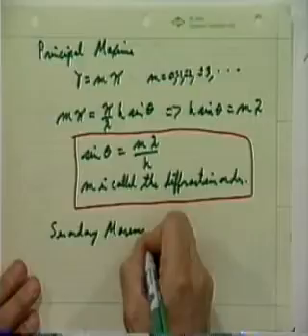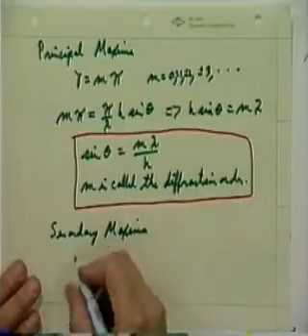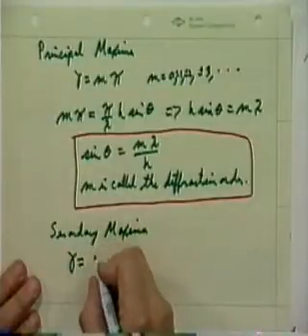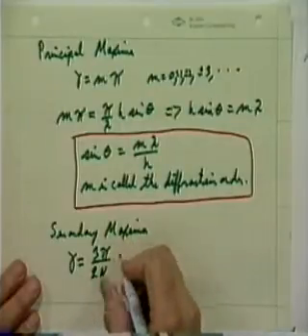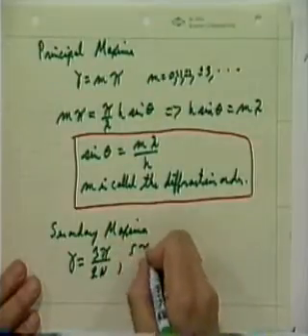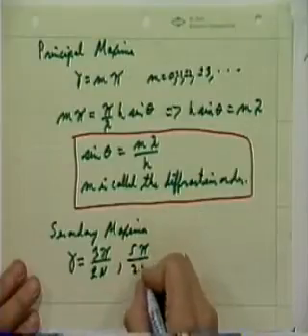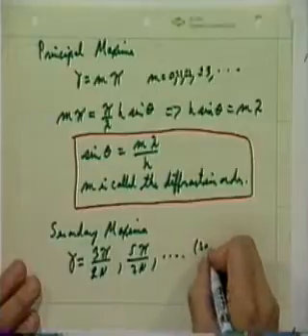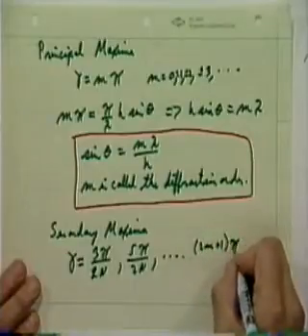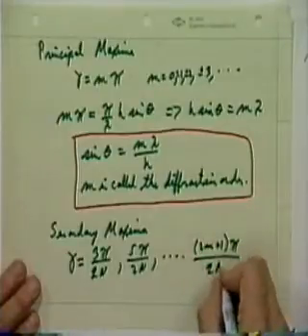Gamma is 3 pi over 2n, 5 pi over 2n, and so on out to (2m plus 1) pi over 2n.